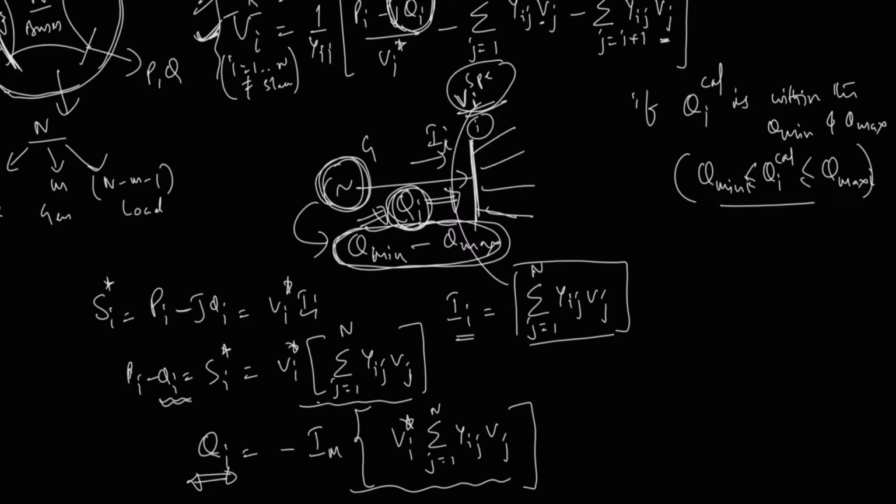Now if this is the situation, then it says that this generator is still able to maintain the specified voltage at its bus.